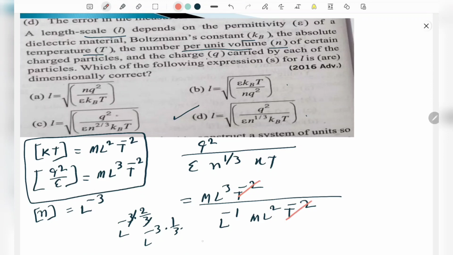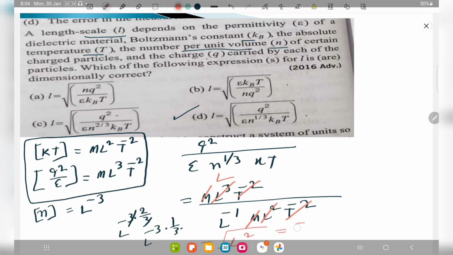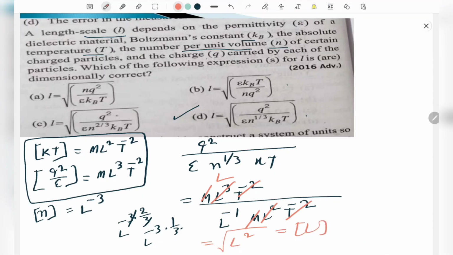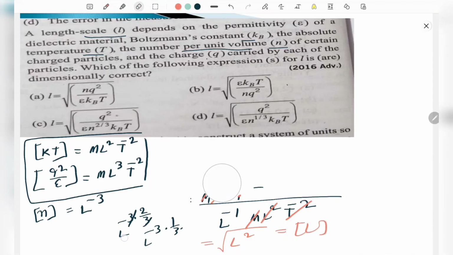These two cancel out, these two cancel out. So, it becomes L square. If we take the root over this, it becomes equal to the dimension of L. So, this option is correct.